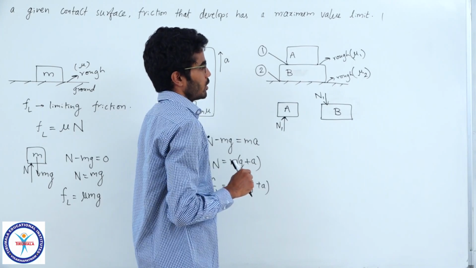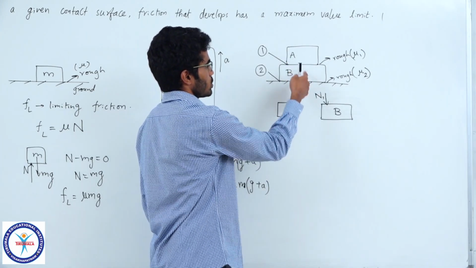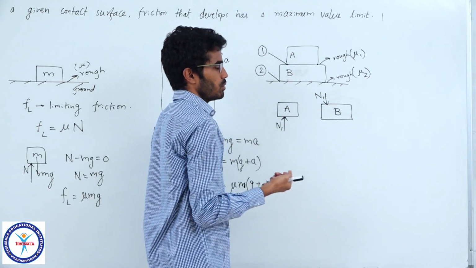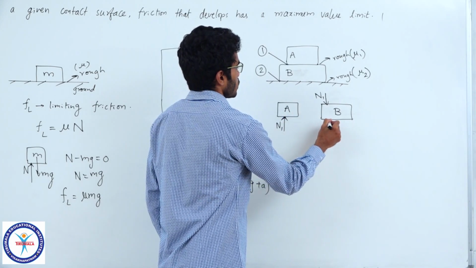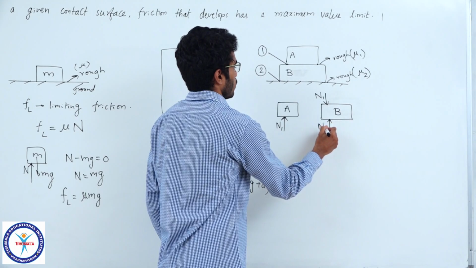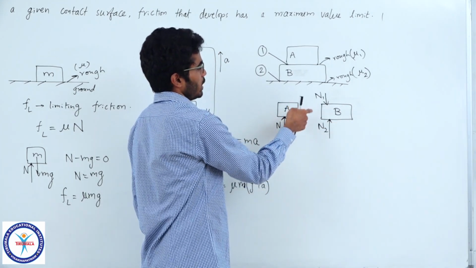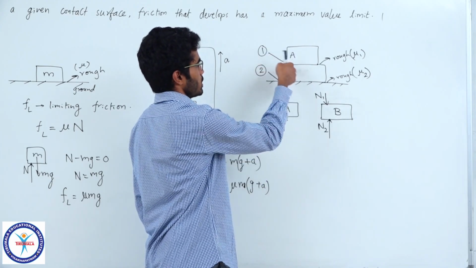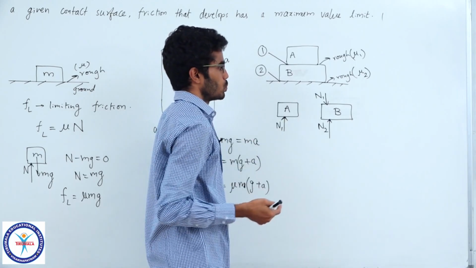According to Newton's third law, the force acting on A is also equal to the force acting on B in magnitude, and also the normal reaction from the ground, N2. I have marked 1 and 2 indicating that N1 is the normal reaction for contact surface 1, and N2 is from contact surface 2.